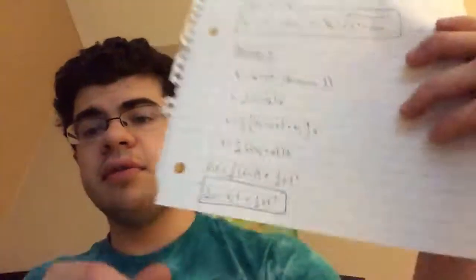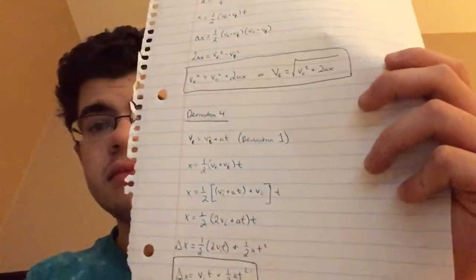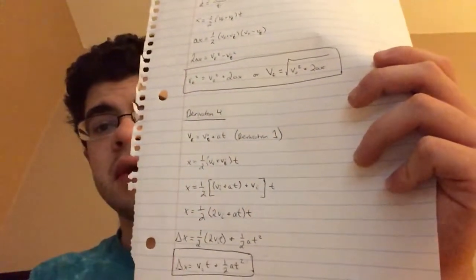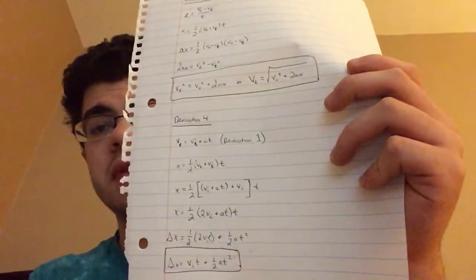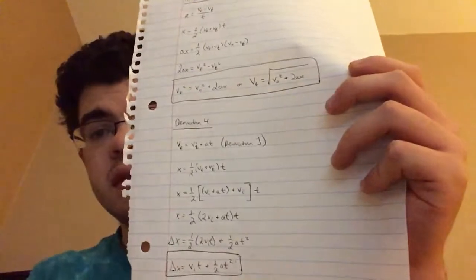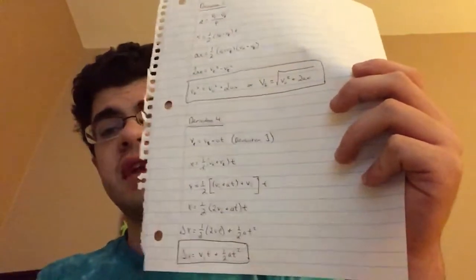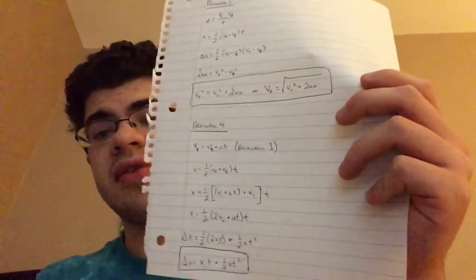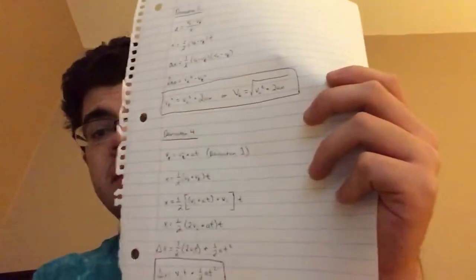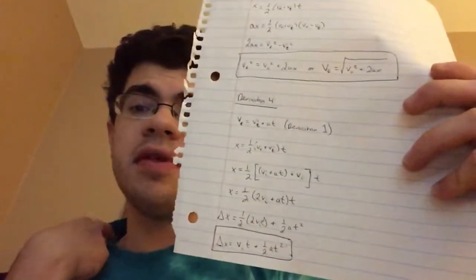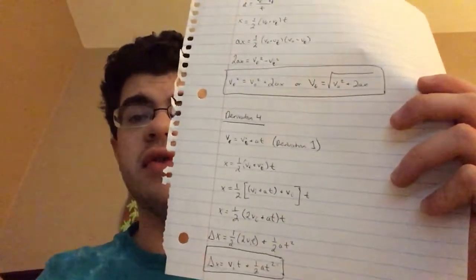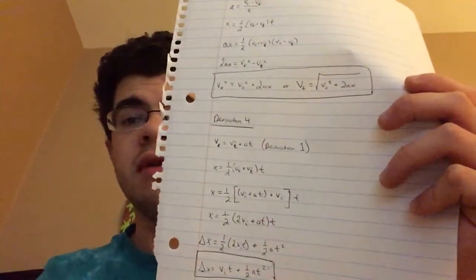Okay. Last equation. So now we're working with equation 1 again, which was the first one that we derived today, vf equals vi plus at. And we're working with the second equation again, which is x equals 1/2 times vf plus vi times t. And we're going to substitute in vf in the second equation with the first equation.